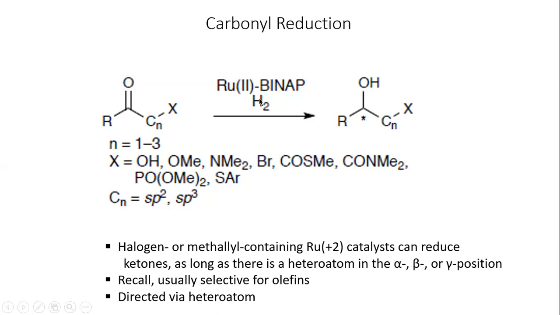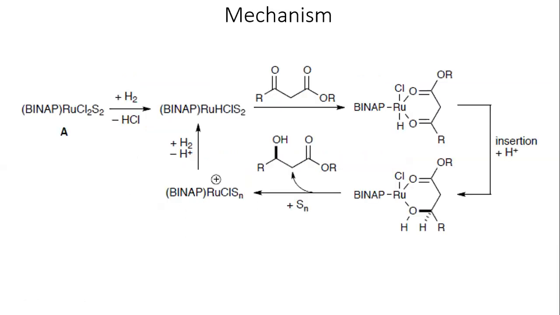And then with a catalyst like this, with BINAP, you can tune it because you can use R-BINAP or S-BINAP, and whichever enantiomer of ligand you use, that's going to dictate this chiral center, right? It's either going to be on a wedge or on a dash, R or S, right?